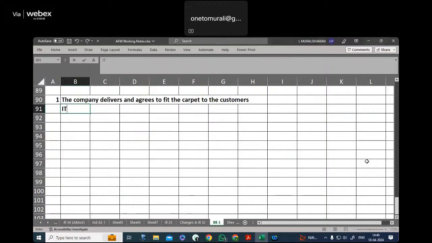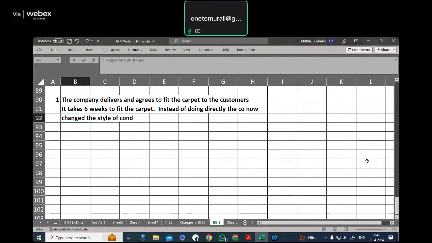It takes 6 weeks to fit the carpet. Instead of doing it directly, the company has now changed the style of conduct of business.